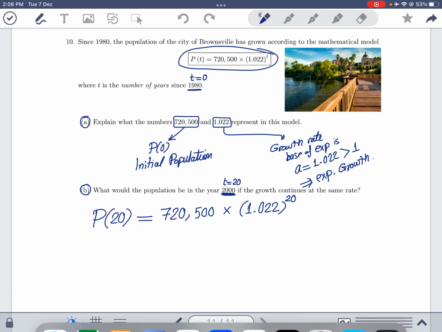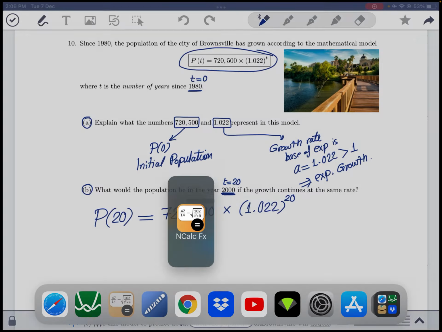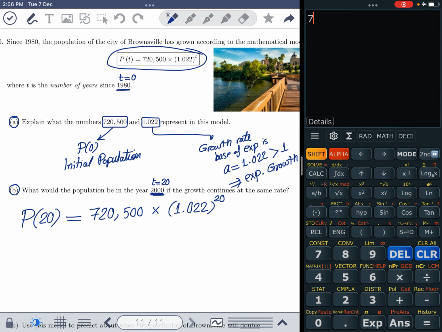And we need the calculator for this. So we'll do it here, 720,500 times 1.022 to the power. So here we raise it to the power, and the power is t, and they ask us to put t equal 20 years.